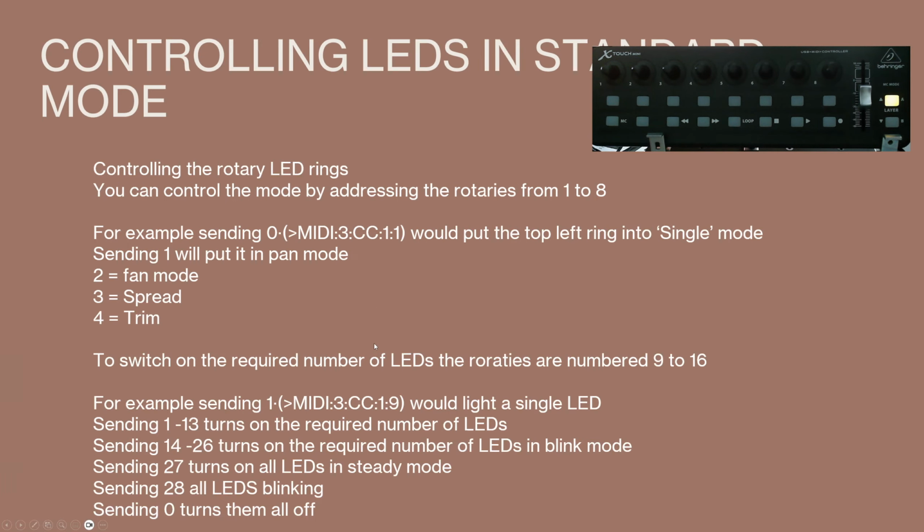So let's talk about controlling the LEDs in standard mode. First thing I want to be able to control are the LEDs around the rings on here. We've got two things we have to control. Firstly, there's this mode of how we want it displayed. So if I turn the knobs, it's kind of lighting up. Well, it says single mode.